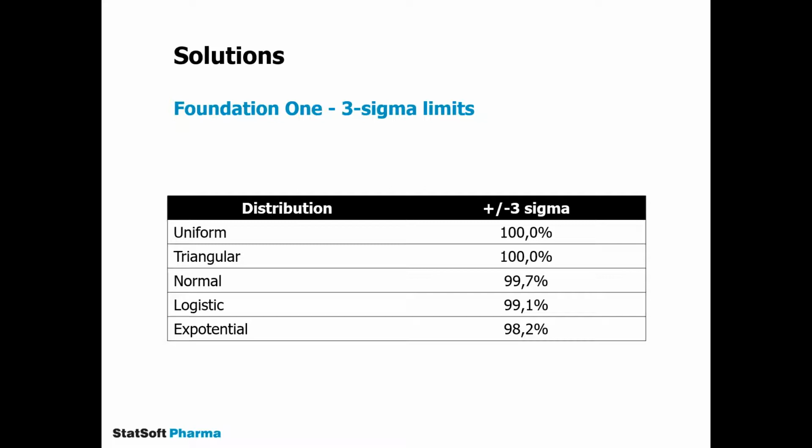These limits are also robust to violation of the assumption of normality of data distribution, even for individual observations, as shown in the table. Assuming data homogeneity, almost all points are contained at the distance of 3 sigma regardless of the distribution of data.